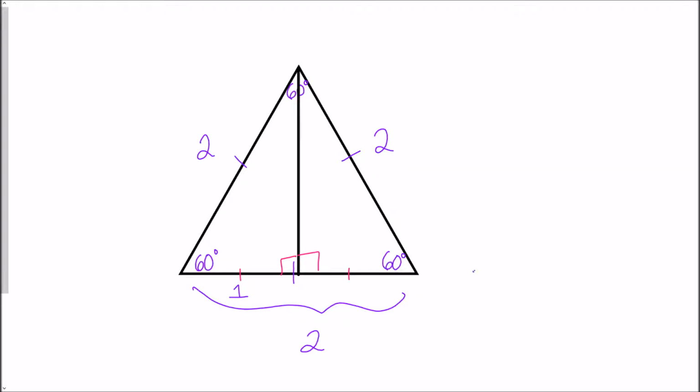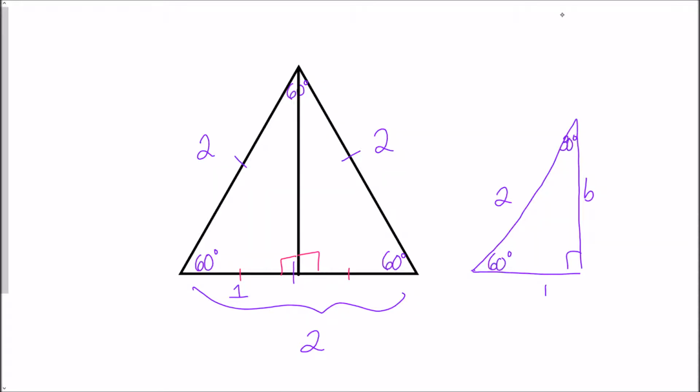So what I end up getting right here is a new right triangle where this side is 1, this side is 2. I know this is 60 degrees, which means this has to be 30 degrees for two reasons: A, because the angles in a triangle should add up to 180, and B, because I cut the angle in half right here.